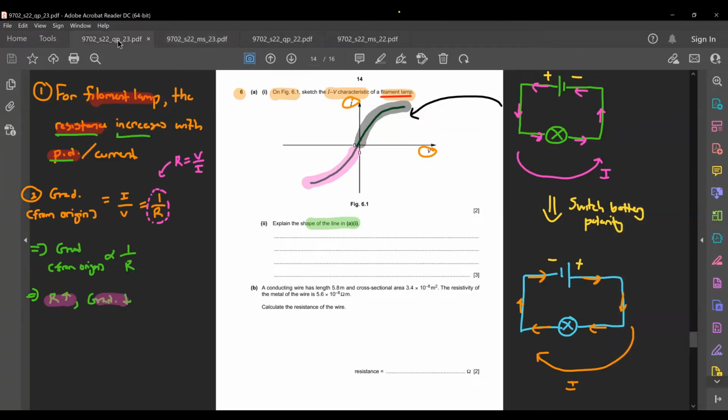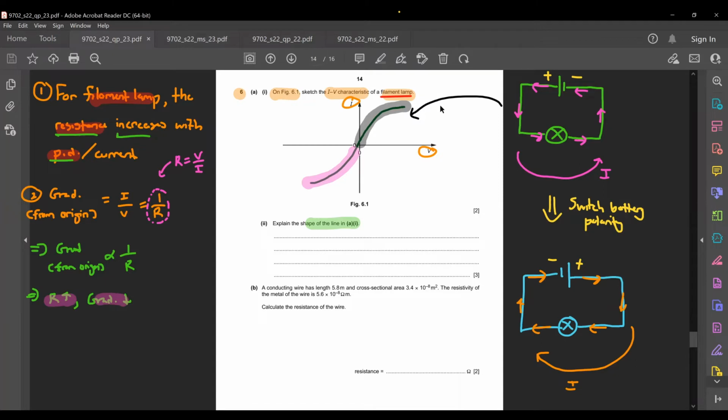So they're basically asking you, why does the graph become a curve in the first place? We know the graph curves because the resistance changes, but specifically, why does the resistance change in the first place? So we need to explain why the resistance changes.